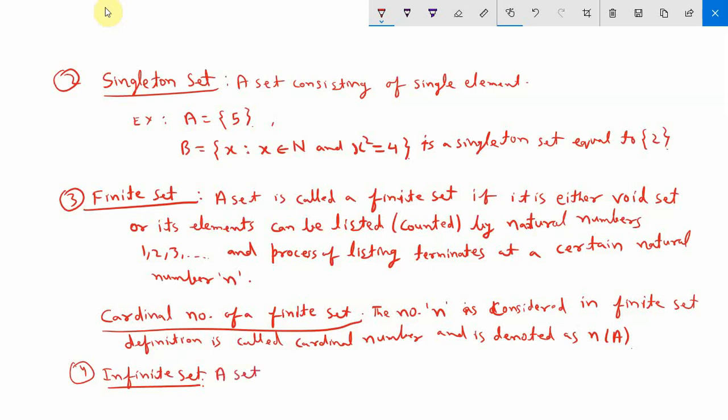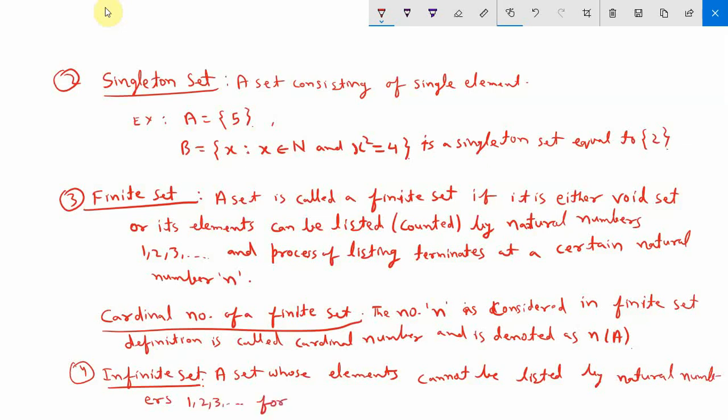A set whose elements cannot be listed by natural numbers such as 1, 2, 3, and so on for any natural number n is called an infinite set.